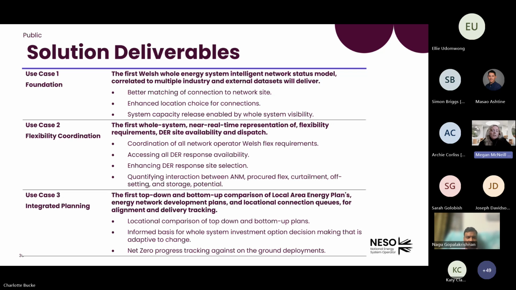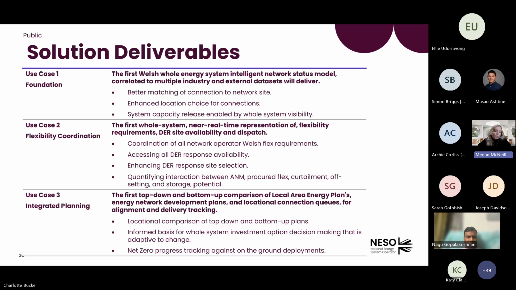So use case 2 is a near real-time representation of flexibility requirements, DER site availability and dispatch, and also looking at how other mediums interact with flexibility, such as A&M, curtailment, storage, and offsetting.